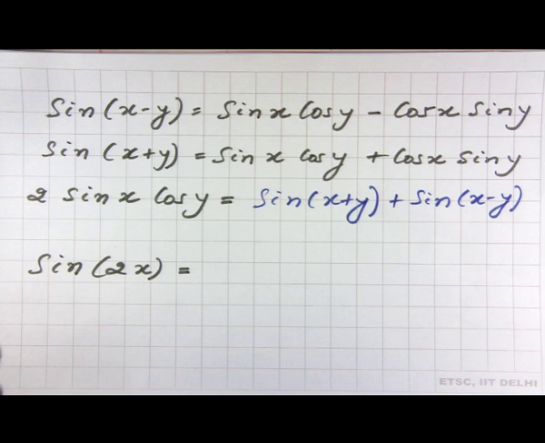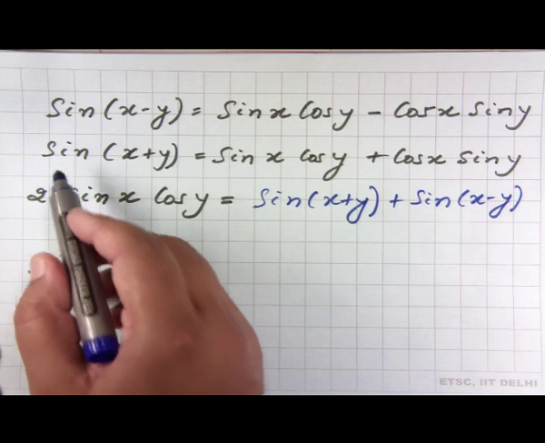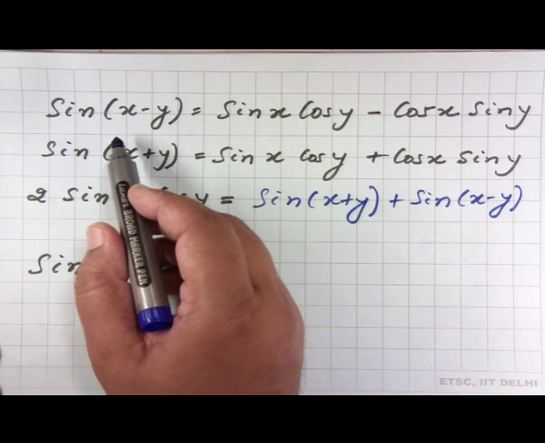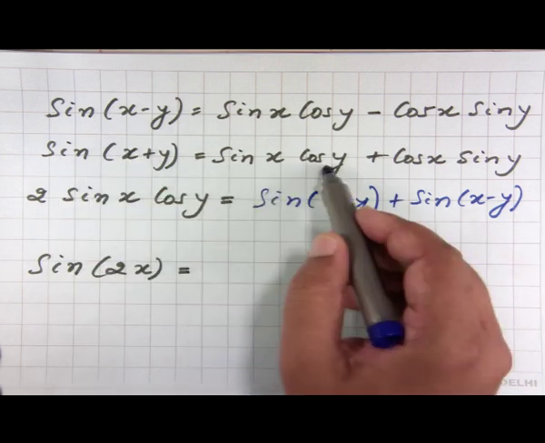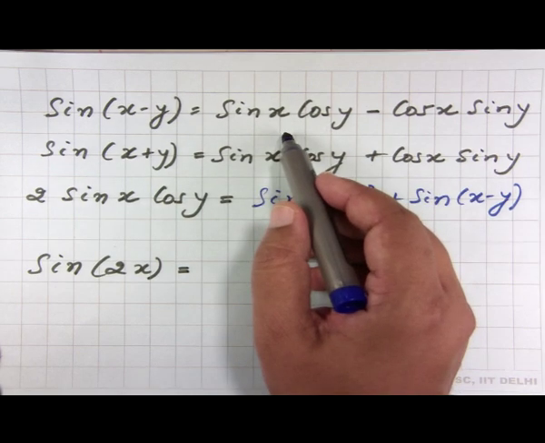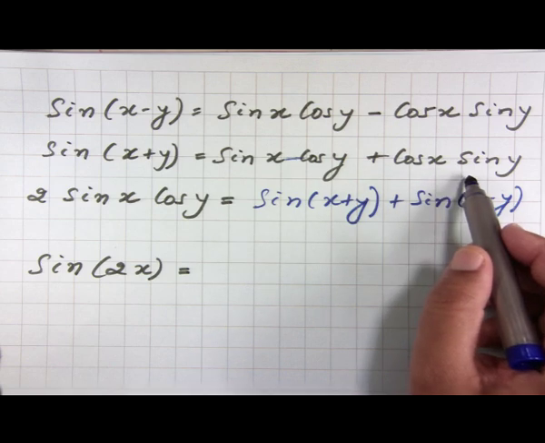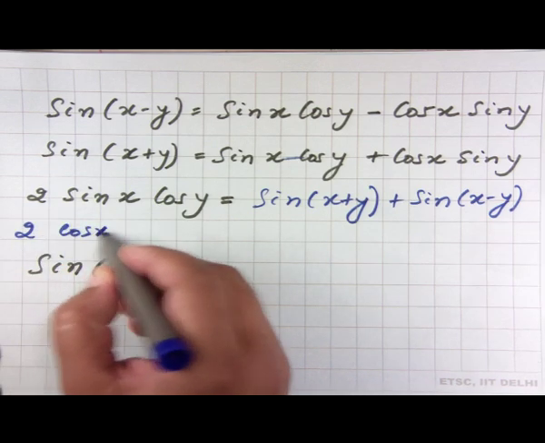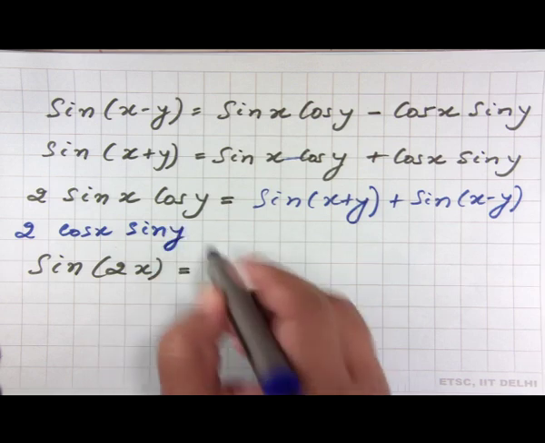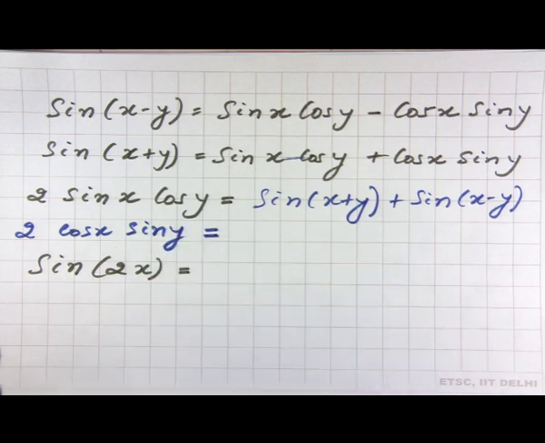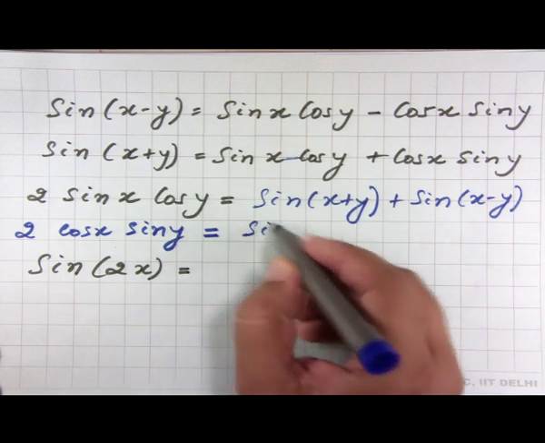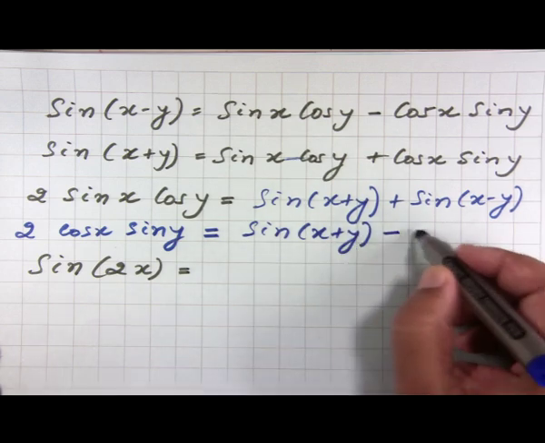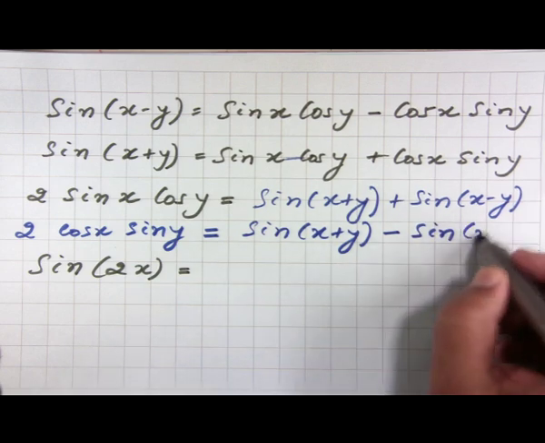In a similar manner, if we compute sin of x plus y minus sin of x minus y, then these two terms will get cancelled out and we will get twice of cos x sin y. Therefore, two cos x sin y equals sin of x plus y minus sin of x minus y.